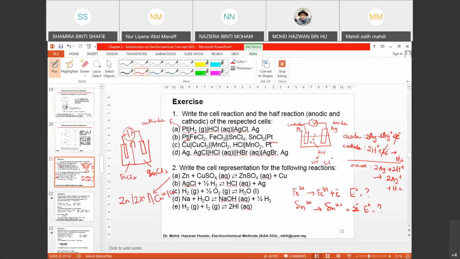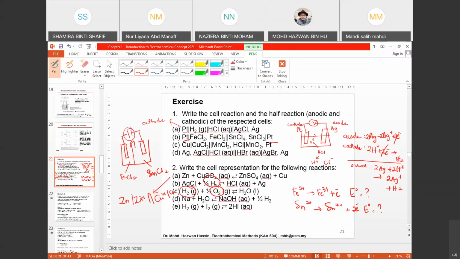Except if you notice, if there is any formation of gas, like for example, H2 for this reaction, and for this one you have H2 and O2, then what types of electrode will you use? I think I have explained it earlier.